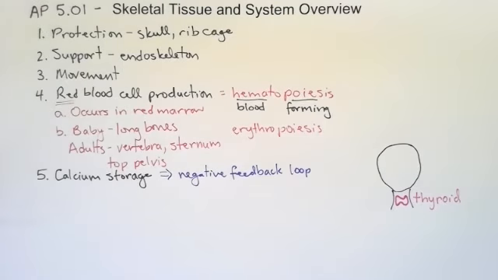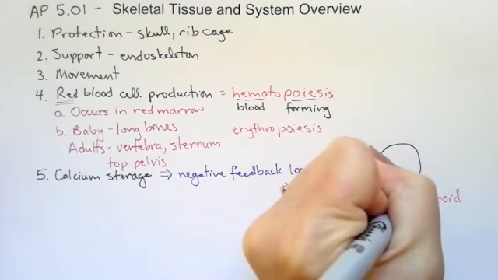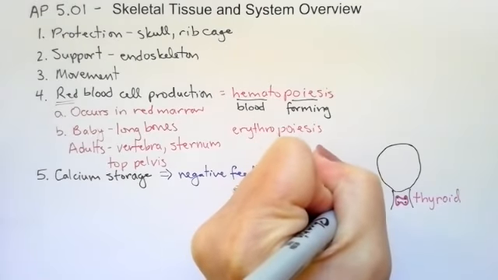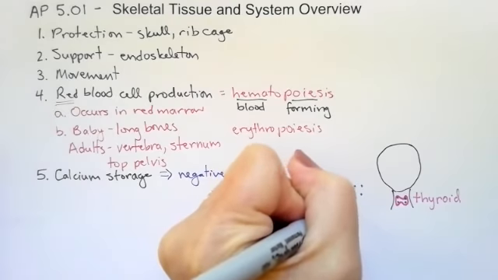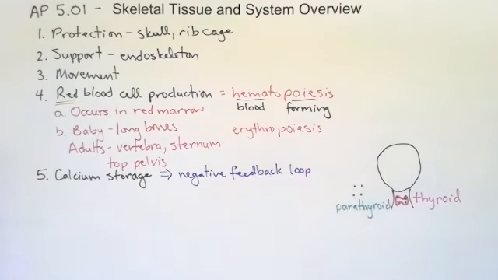Your thyroid gland. Right on top of the thyroid, on the 4 corners, it's like you've got 4 dots on your bow tie. Here, here, here, here. Those are called the parathyroid. Your parathyroid glands.